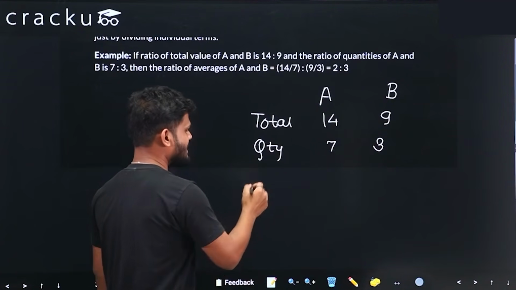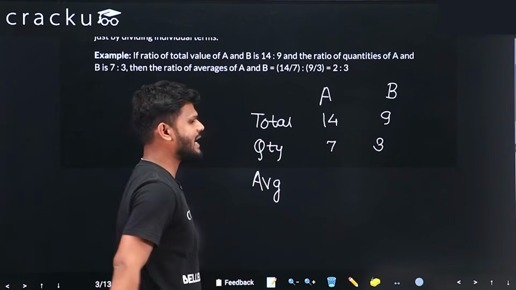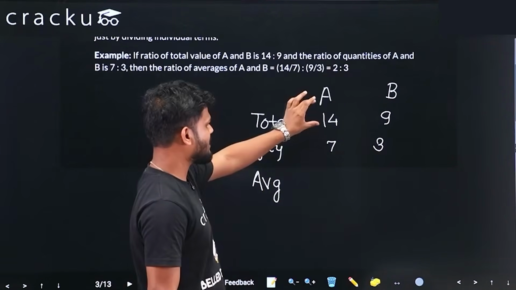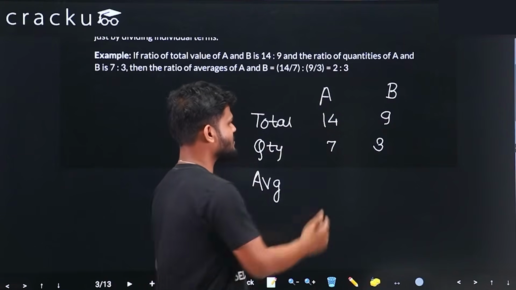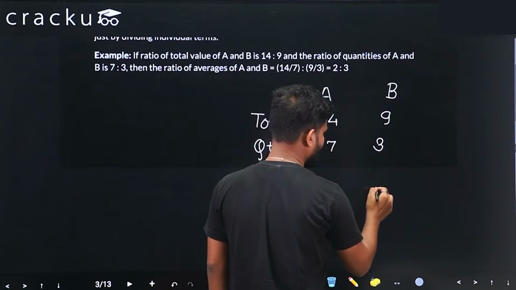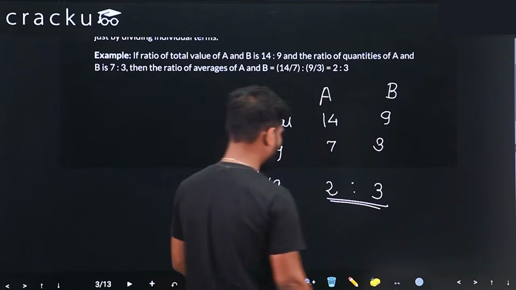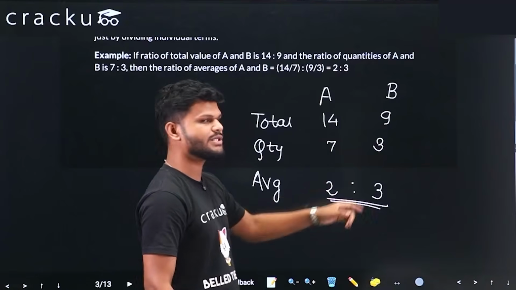So averages of A and B can be found simply by dividing total by the quantity. What is 14 by 7? It is 2. What is 9 by 3? It is 3. So the ratio of averages is 2:3.